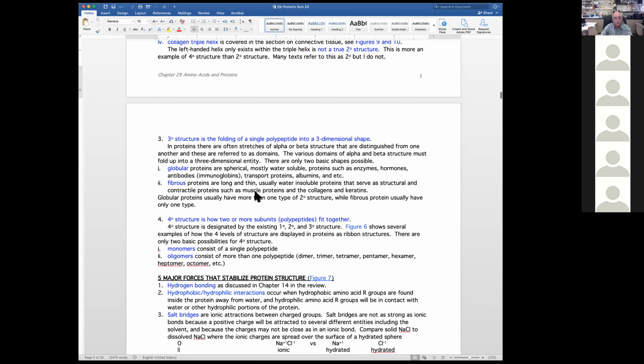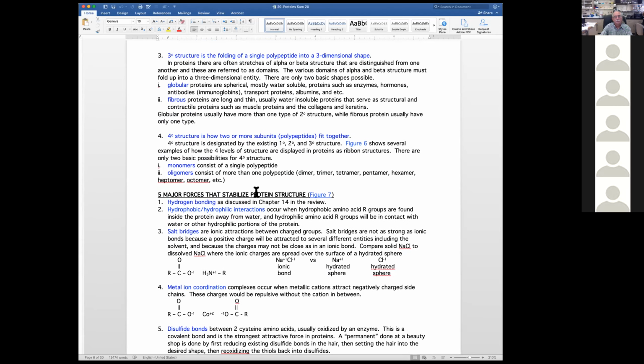So what about tertiary structure? This is how a single polypeptide folds into a three-dimensional shape. And so you have globular proteins that are spherical. These are mostly water soluble.